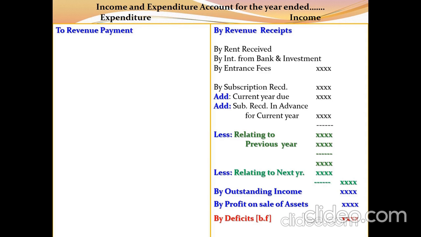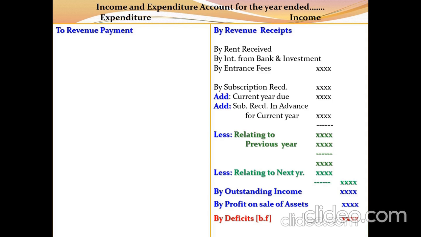In these revenue receipts, if there is any income related to the previous year or any income related to the subsequent year, that is next year, subtract that amount from the particular receipt. Why? Because in the income and expenditure account, you need to record only the income and expenses related to the current year alone. So there will be no previous year transaction in the current year account.